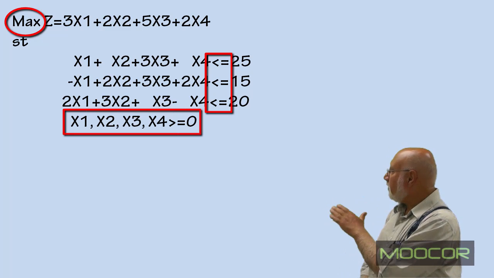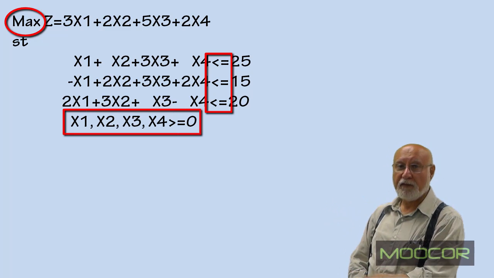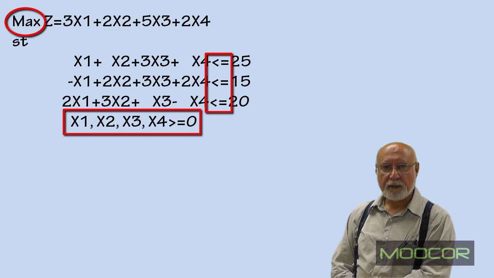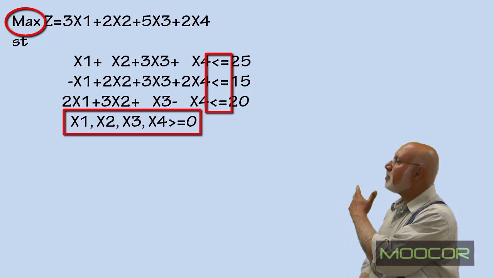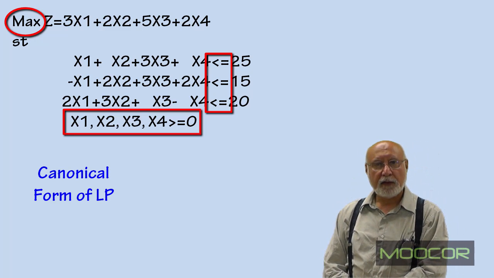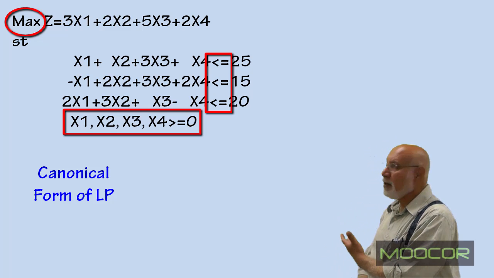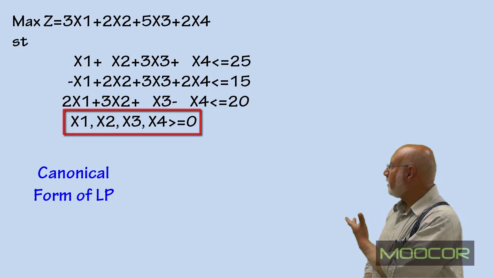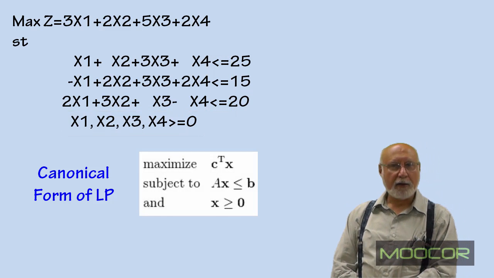And all my variables are in the form of greater than or equal 0. This format of the problem is called the canonical form of the LP. And with this canonical form being represented in a matrix format, it would look like this.